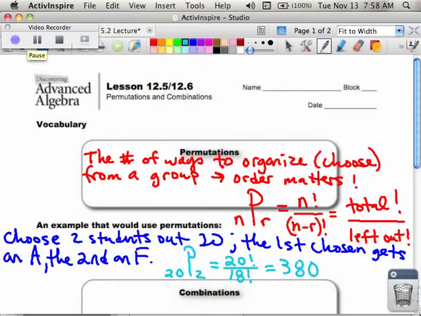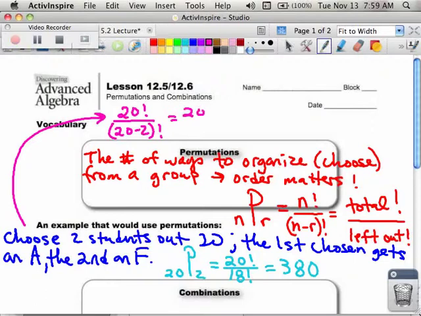So in the factorial below in the example, what's really going on, just for your information in case your calculator ever runs out, is that nPr is really 20 factorial divided by 20 minus 2, which was the number of people you were choosing, factorial. That's 20 factorial over 18 factorial, where 18 was the number left out.